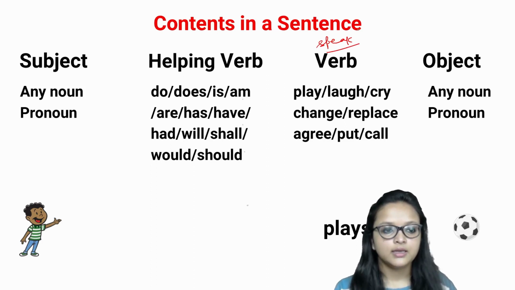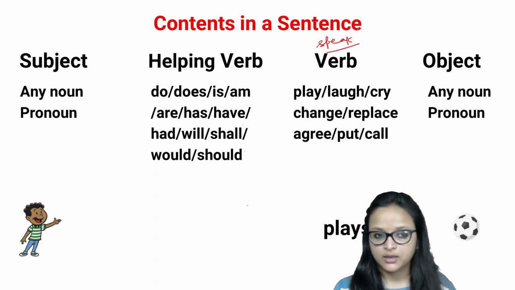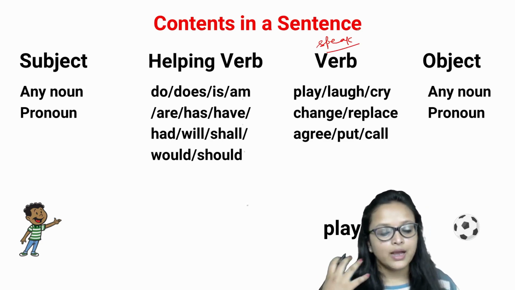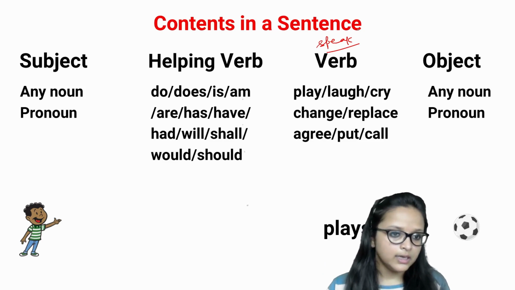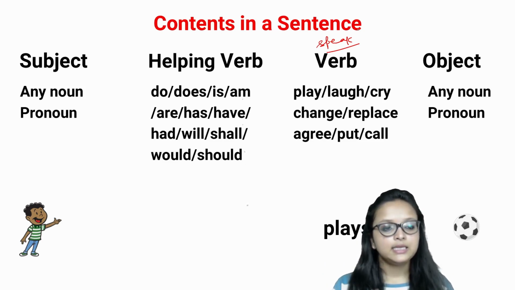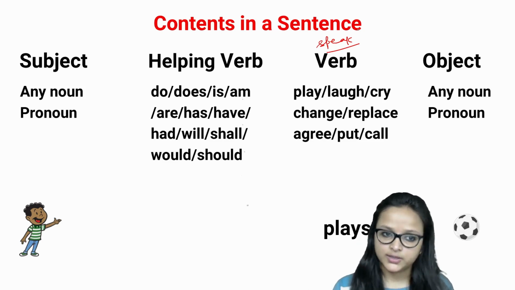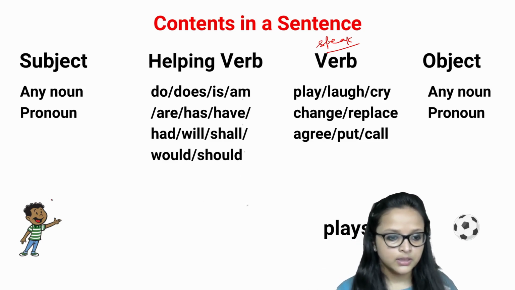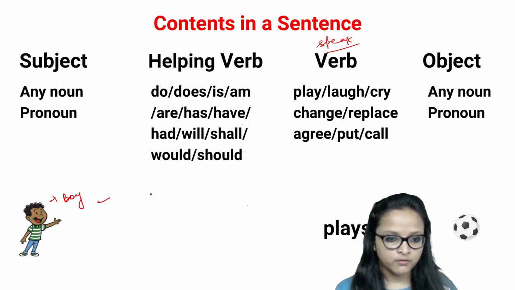Alright, and I am speaking, this sentence does not have any object. But if I say I am playing football, then football is my object. Any other noun or pronoun works as your object. For example, I have taken in this video, the subject is boy, my verb is play, and my object is football.